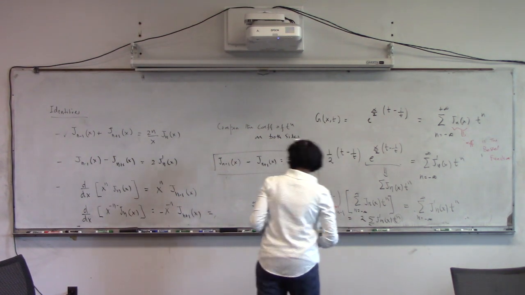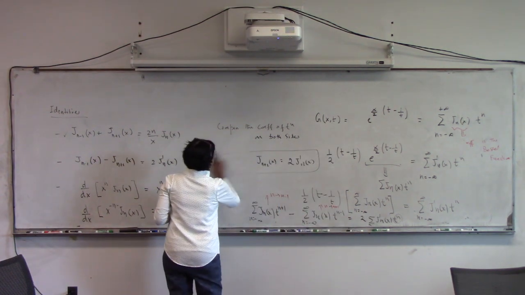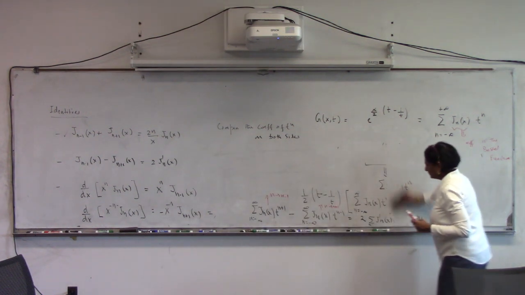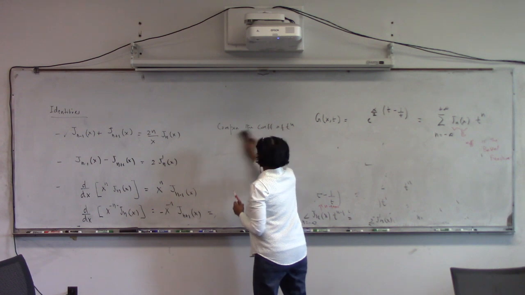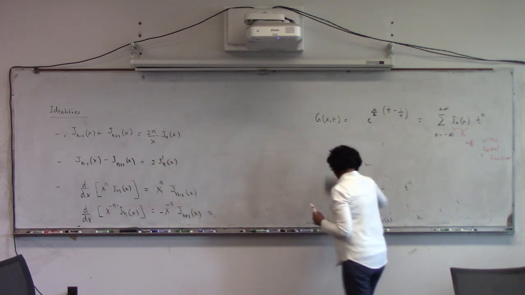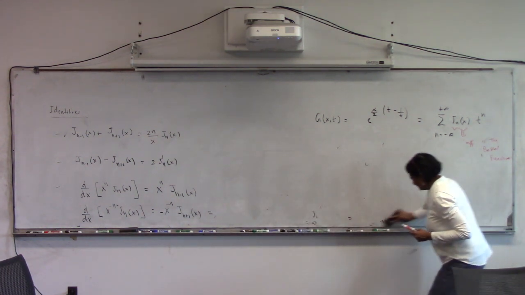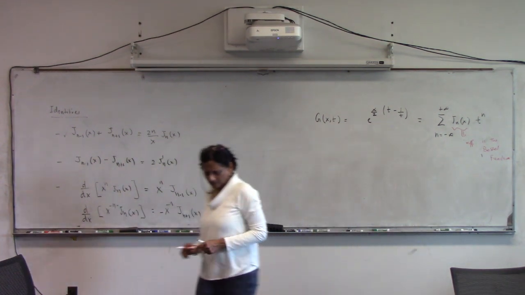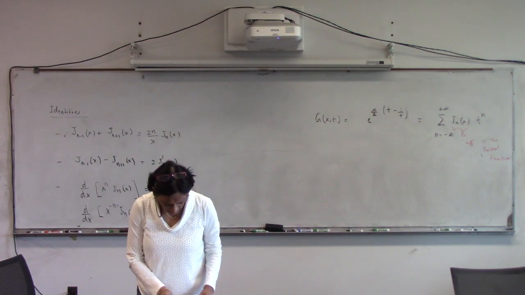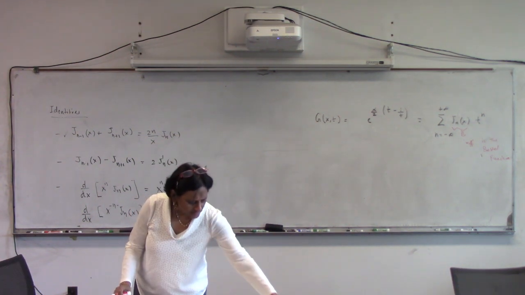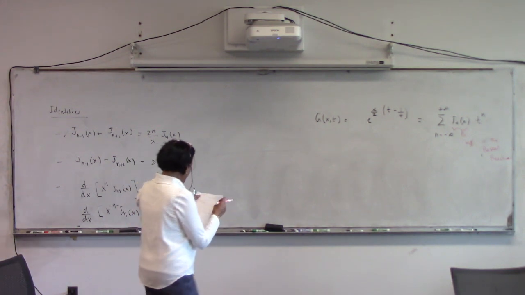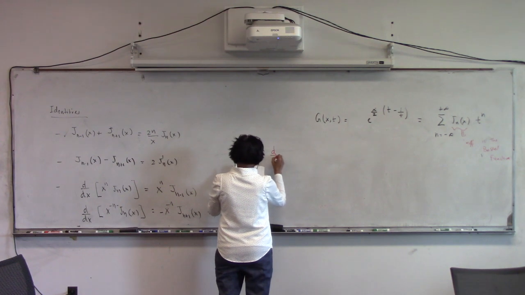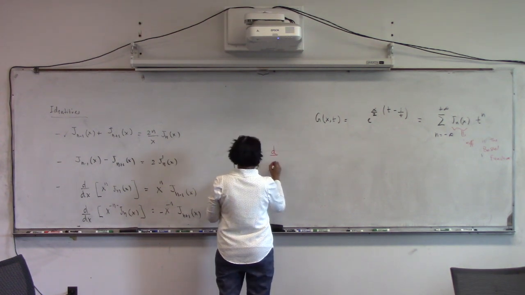Okay, so that is what we have done. All right, to get this third identity, I'm going to do the following. Okay, this is what I have to do, right?